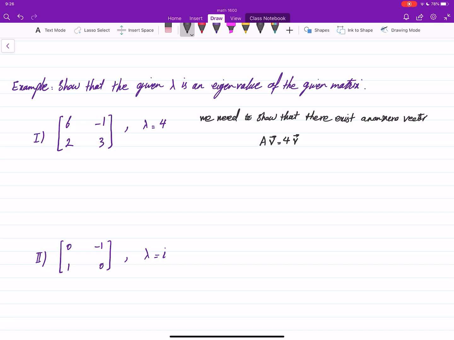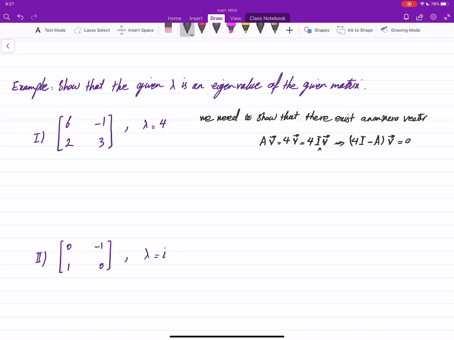Well, what I can do here is see this 4v as 4 times the identity matrix times v. And you know, the identity matrix times any matrix or vector gives you back the same vector or matrix. So this means that we have 4 times identity minus A, times vector v, is equal to 0.